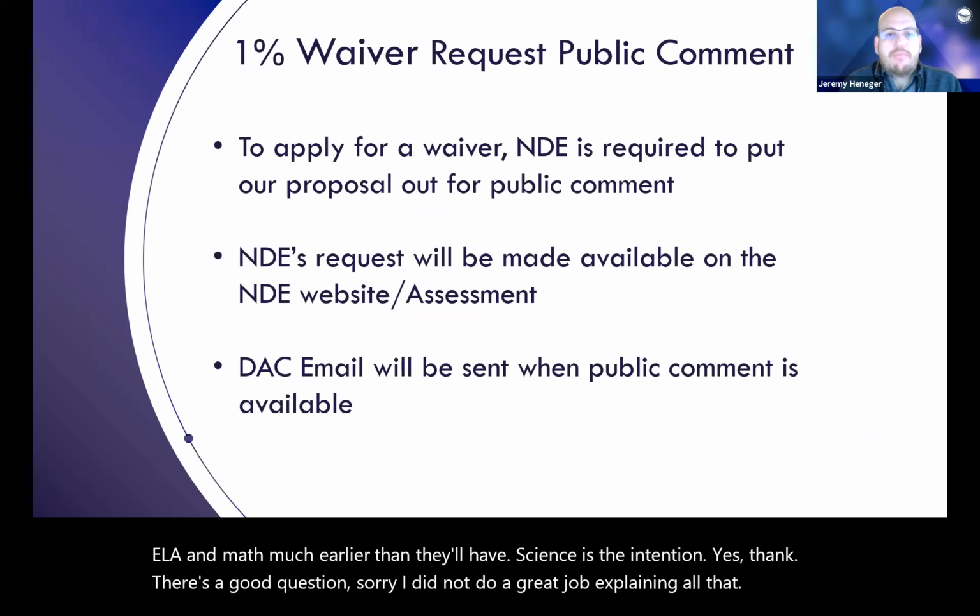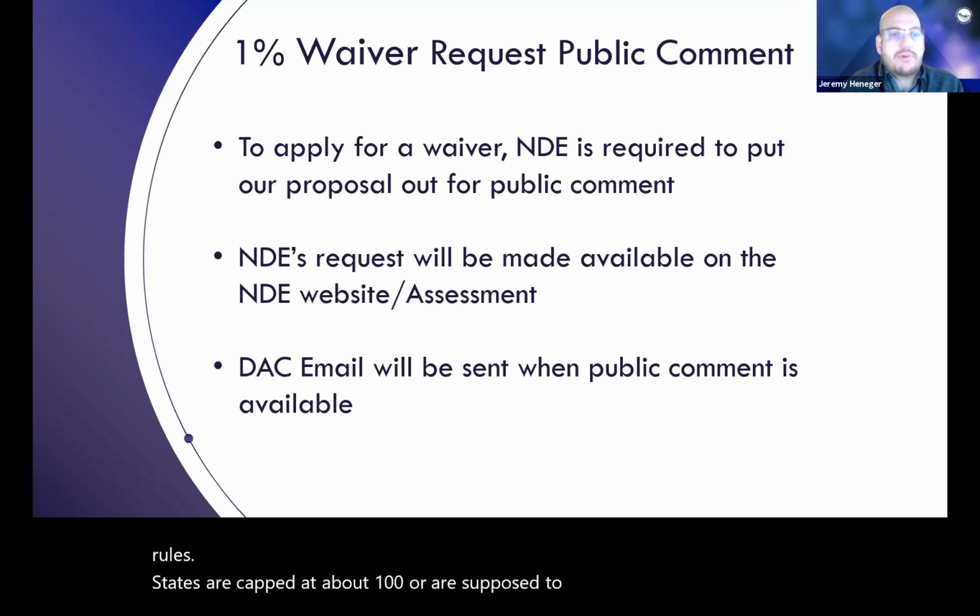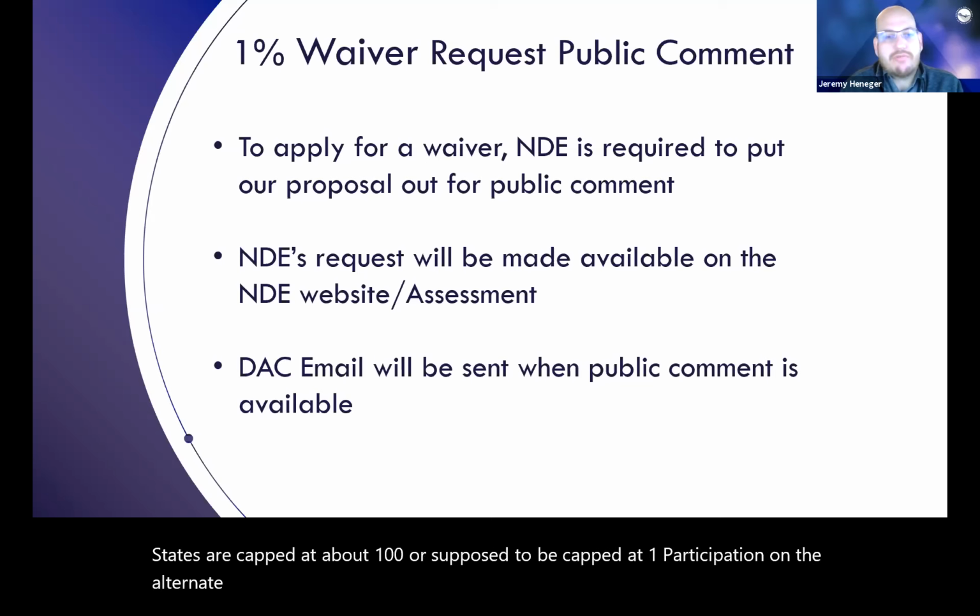Just a couple of points also about the alternate assessment. States are supposed to be capped at 1% participation on the alternate exam. This changed several years ago, and states have been working to get to that level.